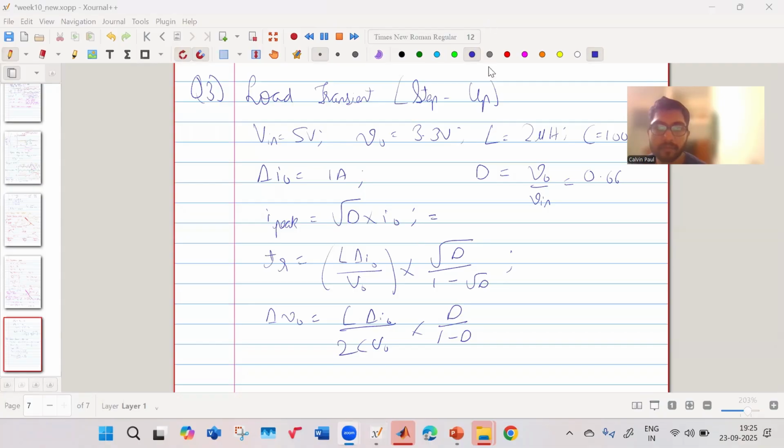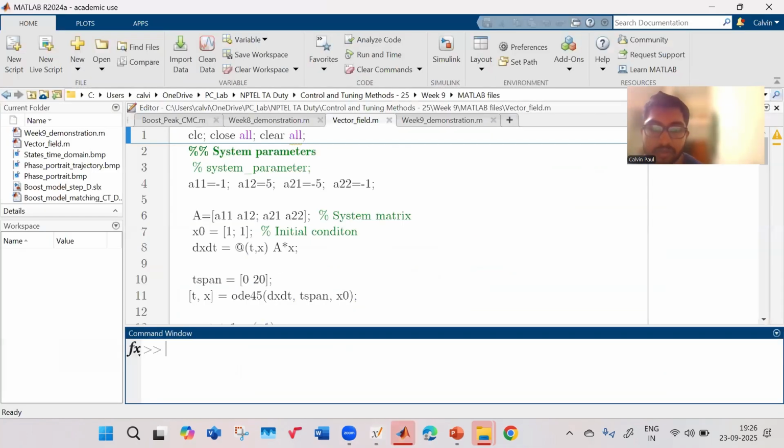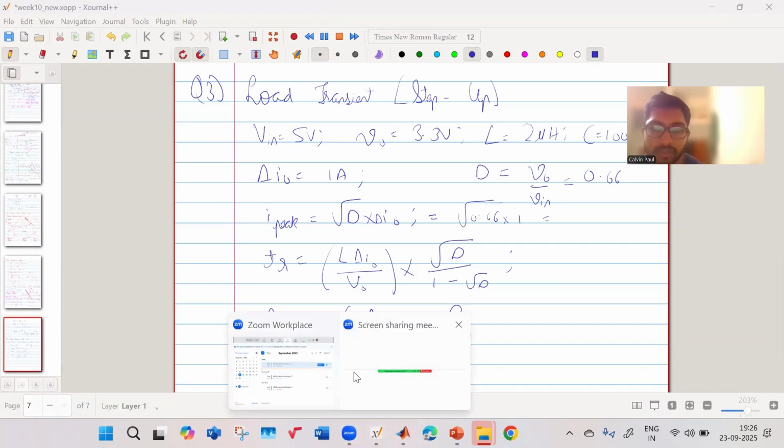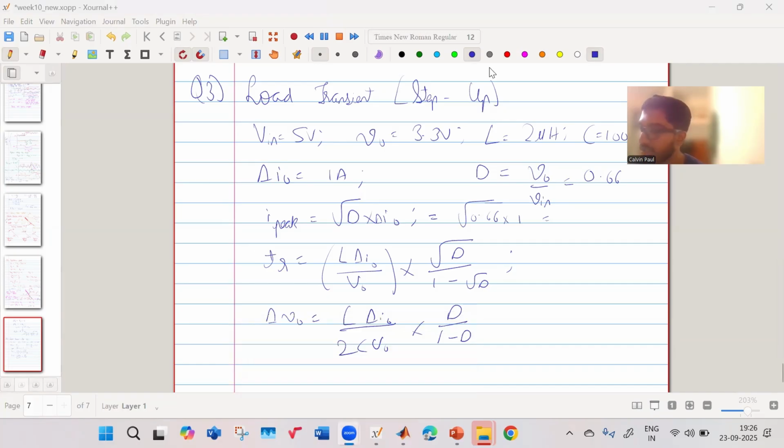Sir, is it I naught into root of D or delta I naught? Delta I naught, sorry. That is root 0.66 into 1. So Joshi is saying it is 0.812. Okay, yes, correct. For recovery time, TR, how will you get it?